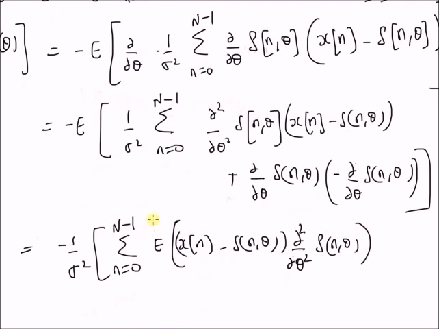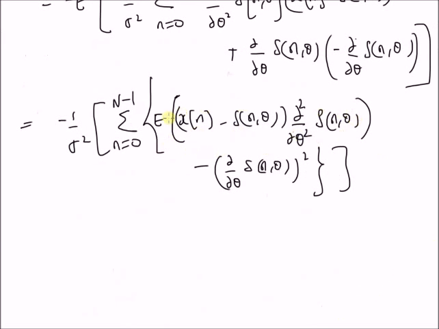And then we also have minus the square of the first derivative of the signal. Clearly, the expectation of the first term is equal to 0 since the second derivative of the signal component is a deterministic quantity.